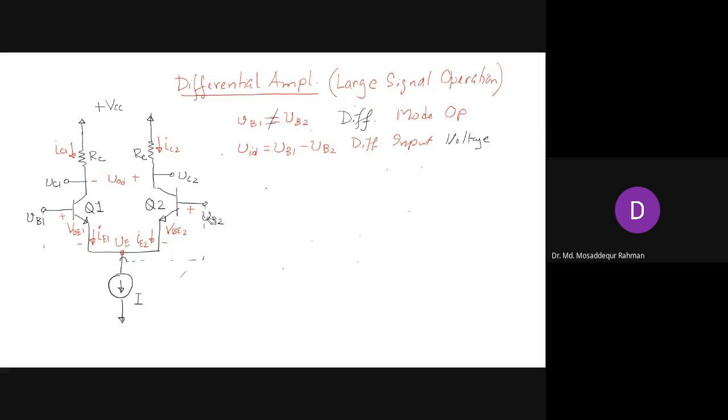These two voltages are different and their emitters are tied together. So we have a common voltage here, VE. And so these two voltages will be different, VB1 and VB2, because VB1 and VB2 are not the same, right?